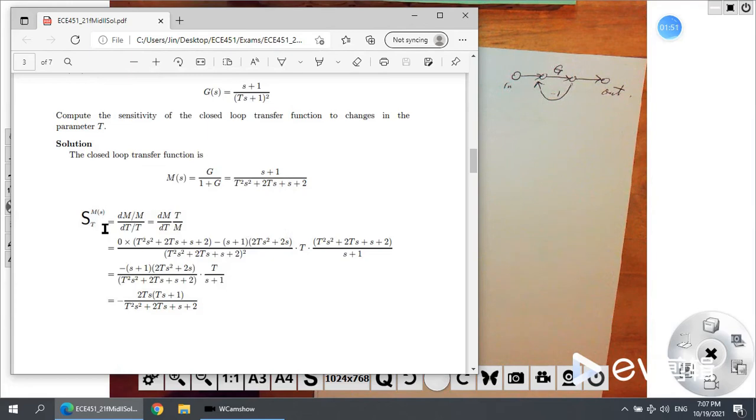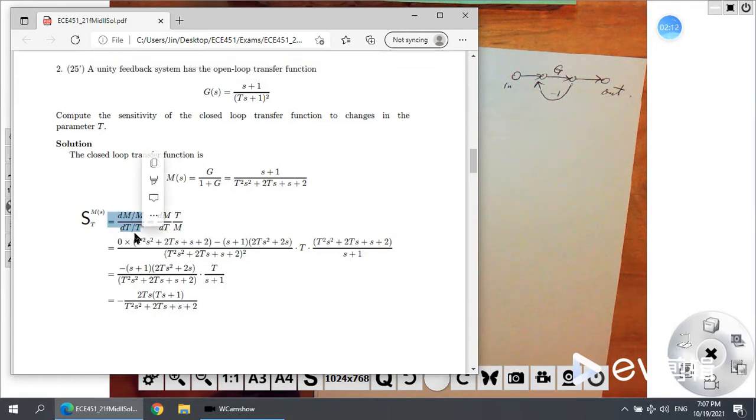This is just a definition. dM over M is a percentage change of M of s. dM is a kind of change over M, so percentage change of M. And the denominator is dt over t, that is a percentage change on t. Then the ratio between them, that is the sensitivity. That makes sense, right?